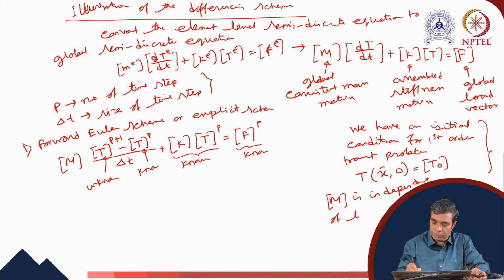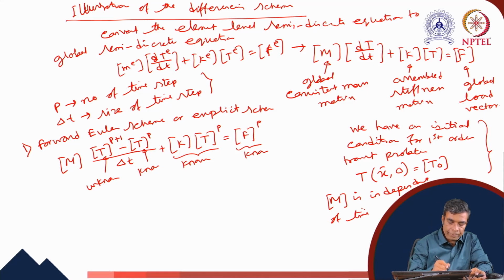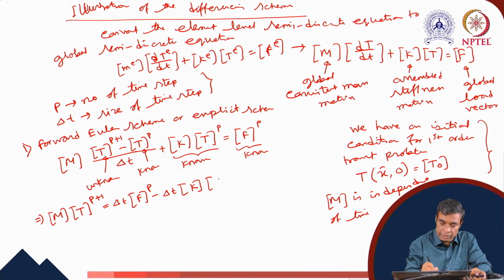This is independent of time. Then we can simplify this expression as mass matrix into T of P plus 1 equals to delta T, the load vector at the Pth level, minus delta T into global stiffness matrix into the known temperature at the Pth level plus the mass matrix into temperature at the Pth level.